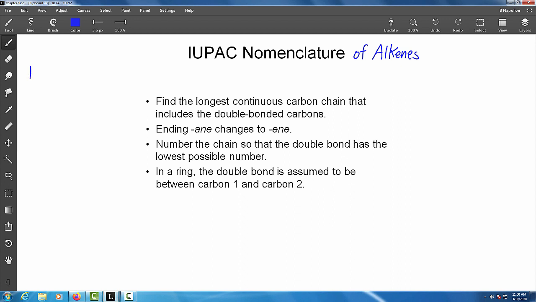So recall, for an alkane, if we had this, for example, we have 5 carbons, and these 5 carbons in a straight continuous line would be called pentane.